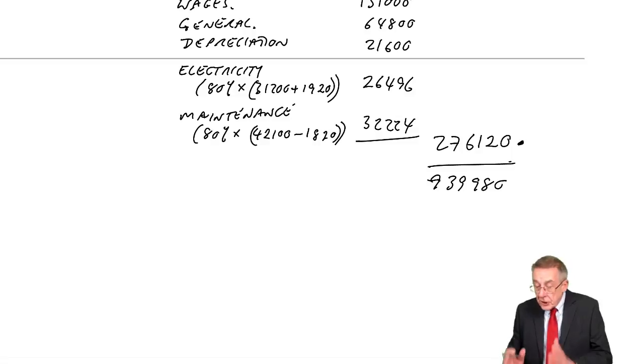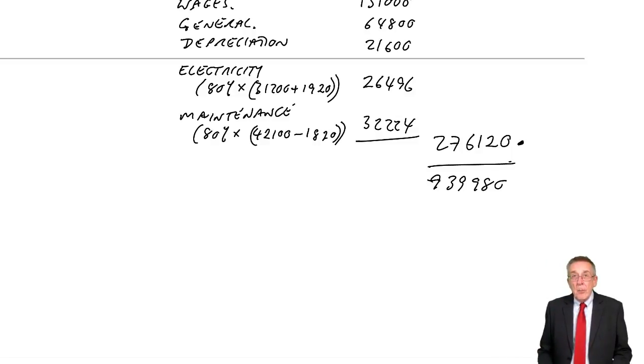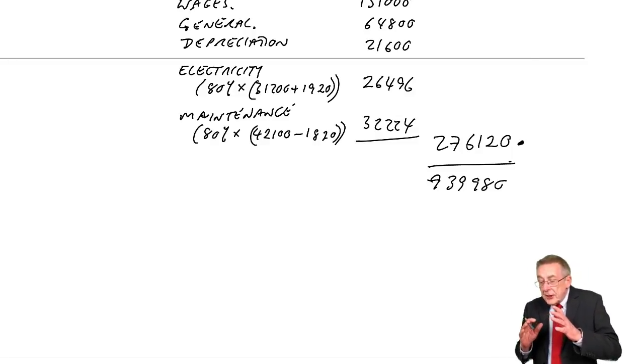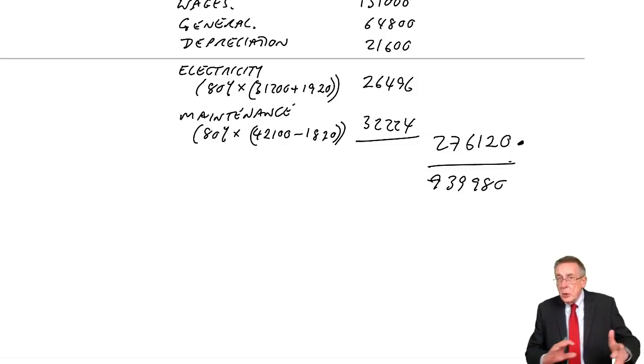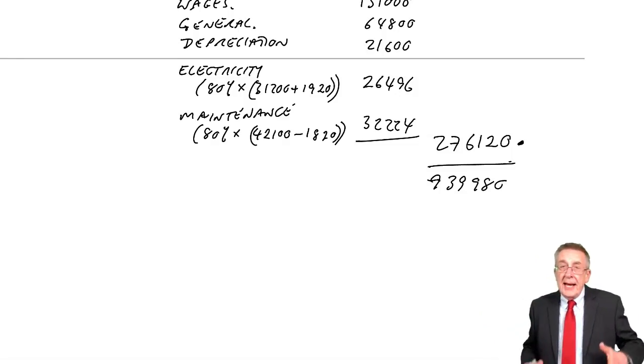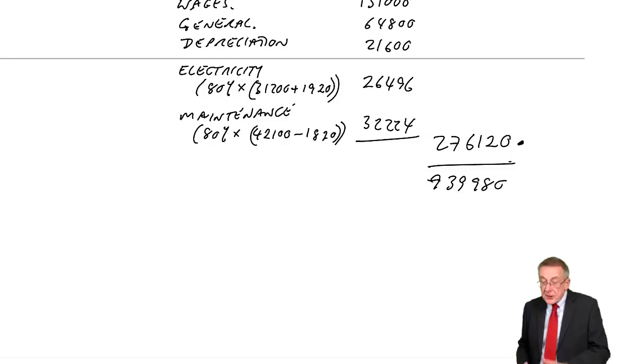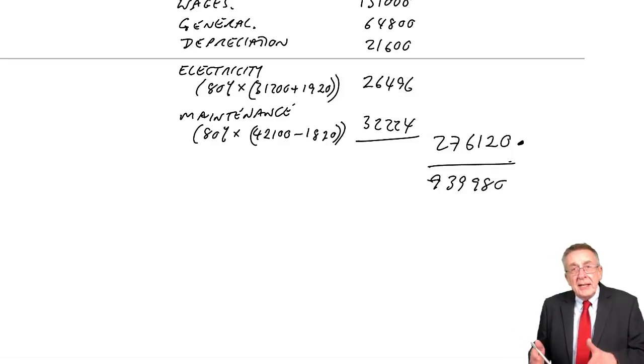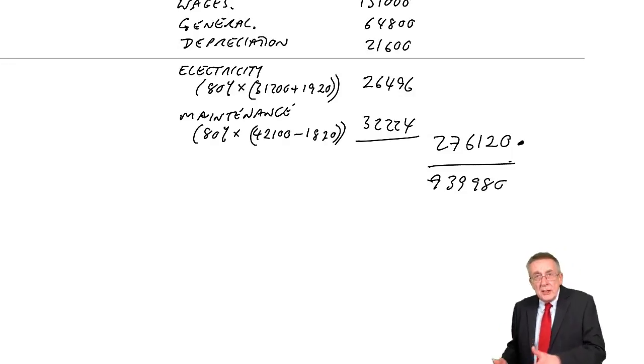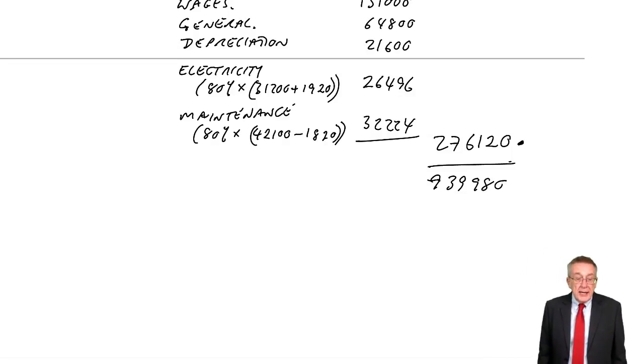That's the total cost this year, but it's a total cost not only of finishing everything I've finished, but it also includes the cost of some items which weren't finished by the end of the year, the work in progress at the end.